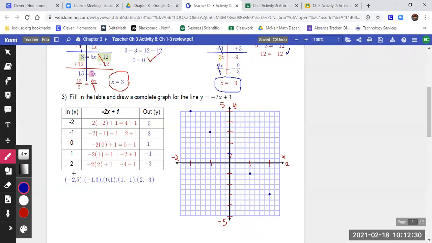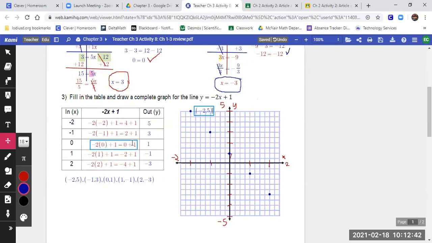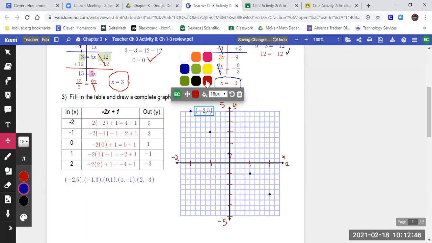Okay, and we're going to go put our coordinates on. So we're going over to our list that we made, and we're going to highlight the one we need. Here's my first one. That was the first dot I made. I'm going to change this to be red so I can see it a little better. Maybe even move them up a little bit.